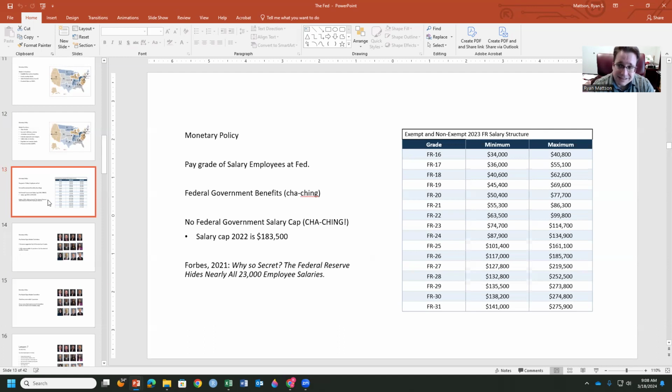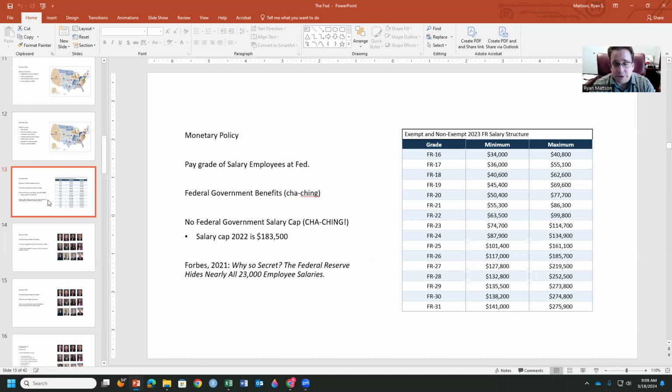The Federal Reserve does not participate in this salary cap. So you are working adjacent to the government and getting the benefits of that without getting the salary limits on that. So I gotta say, the Fed's a good gig if you can get it.